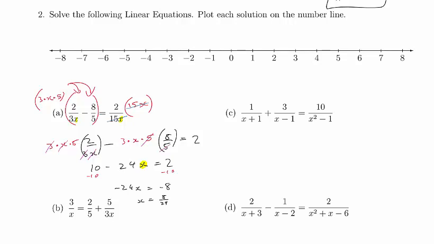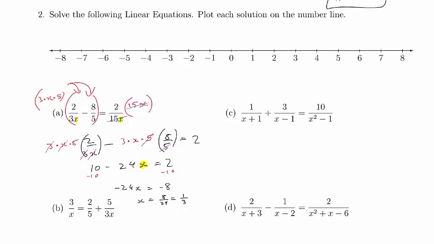8 divided by 24. Note that it's now positive because a negative divided by a negative is just a positive. 8 goes into 24, so we can rewrite this as simply 1 over 3. And so that's our answer, 1/3.